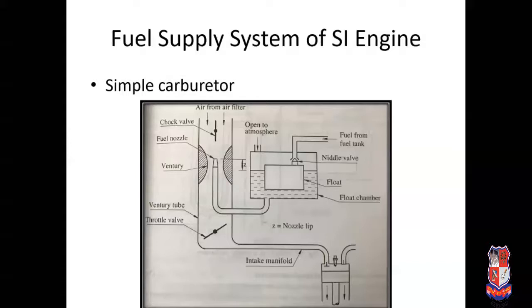At different conditions of the engine, a different air-fuel ratio is required, but the simple carburetor cannot supply it. Right? So some modification can be done on the simple carburetor. Nowadays, modern carburetors are used to avoid the limitations of the simple carburetor.